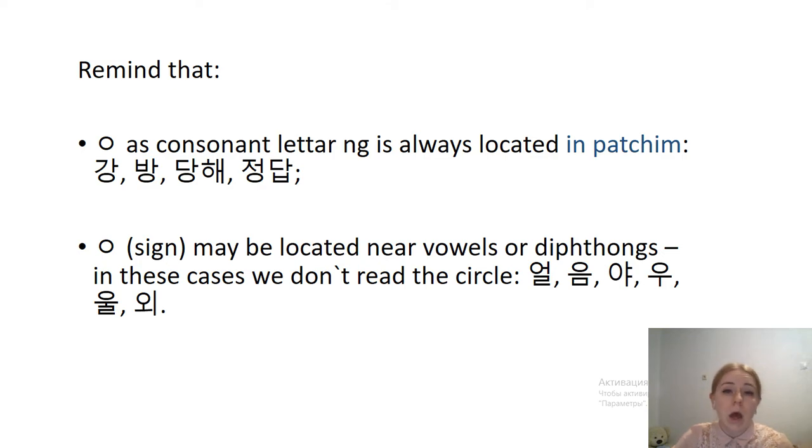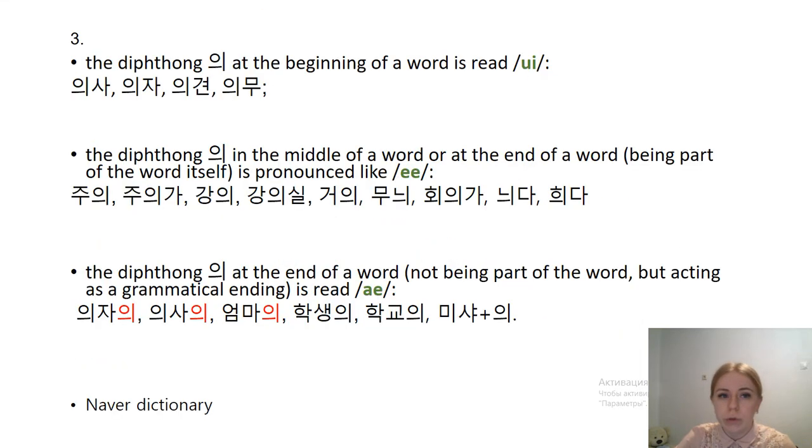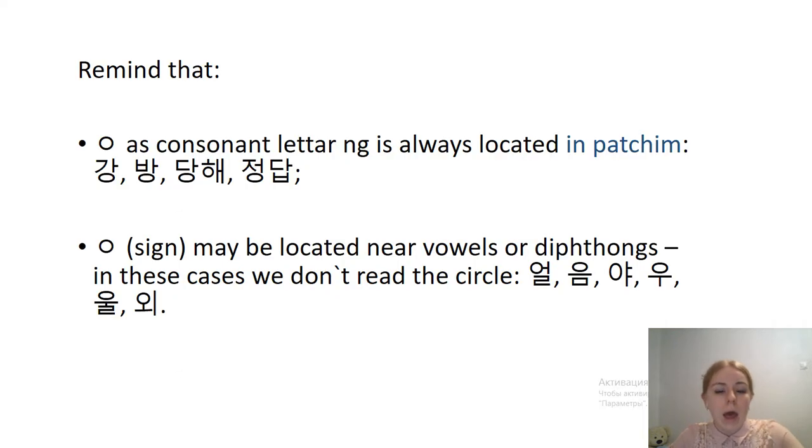So, okay, before we start some reading rules, I'll tell you them, and we have to remind that this letter, like a consonant letter, we read it n, g, or ng. You remember ng? We read it like this. So it's always located in pachim. This consonant is always a letter.